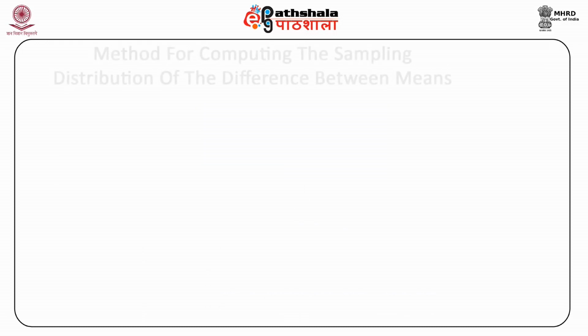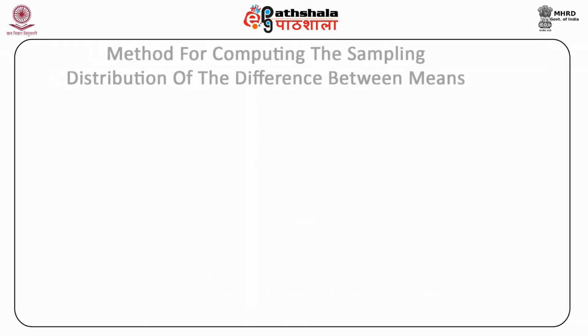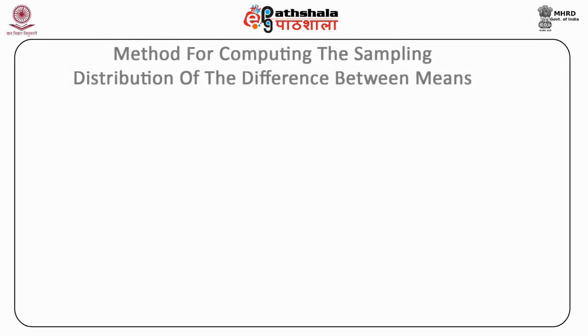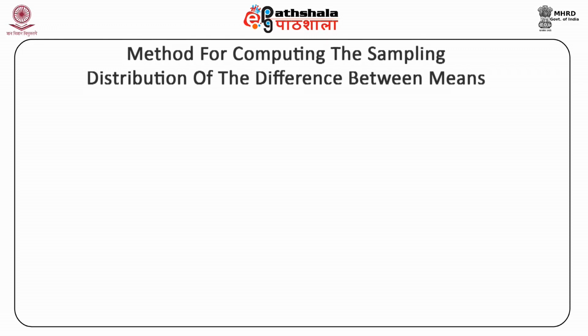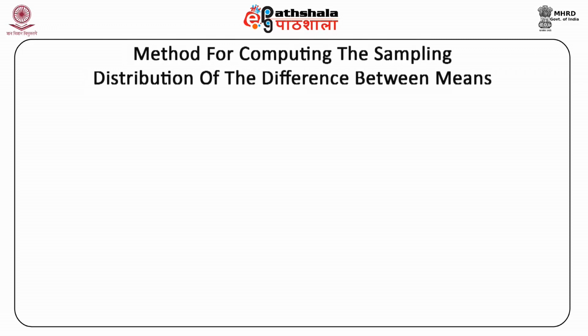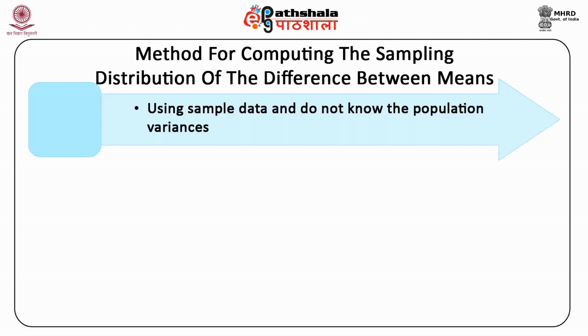The formula assumes that we know the population variances, and we can use the population variance to calculate the standard error. However, we are usually using sample data and do not know the population variances.